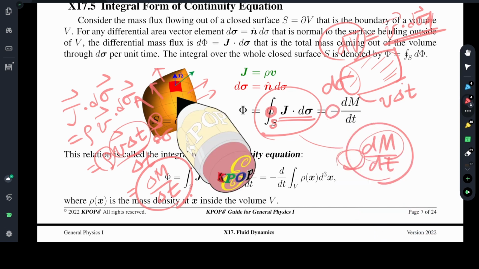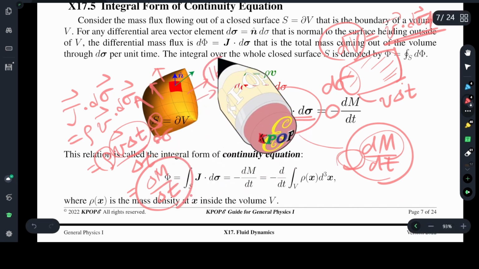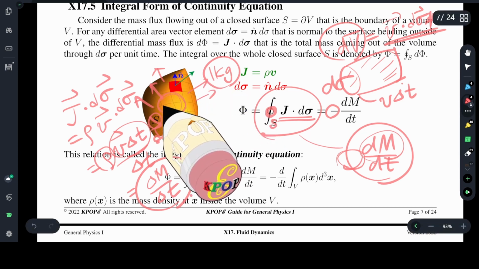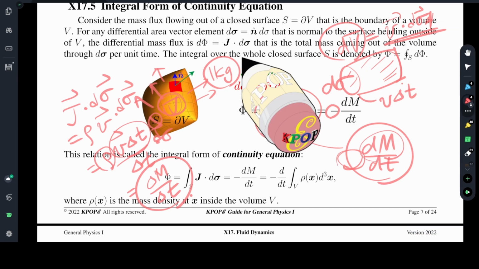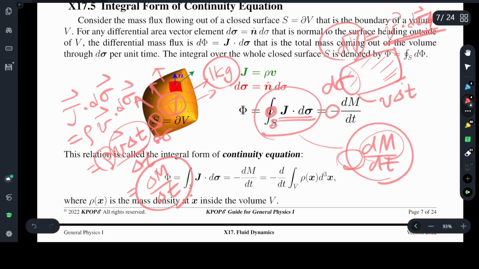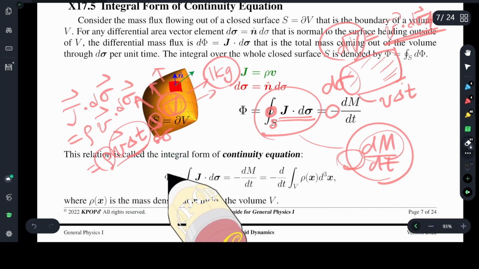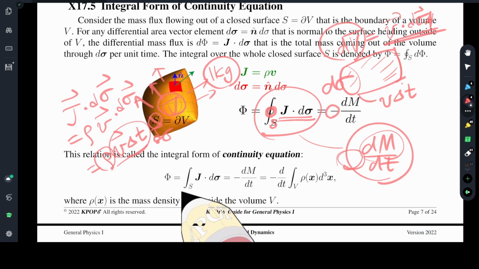So if, for example, 1 kilogram is passing through the surface, that means inside this volume, 1 kilogram has decreased. This is the integral form of the continuity equation: the flux integrated over a closed surface. This should be a closed surface.